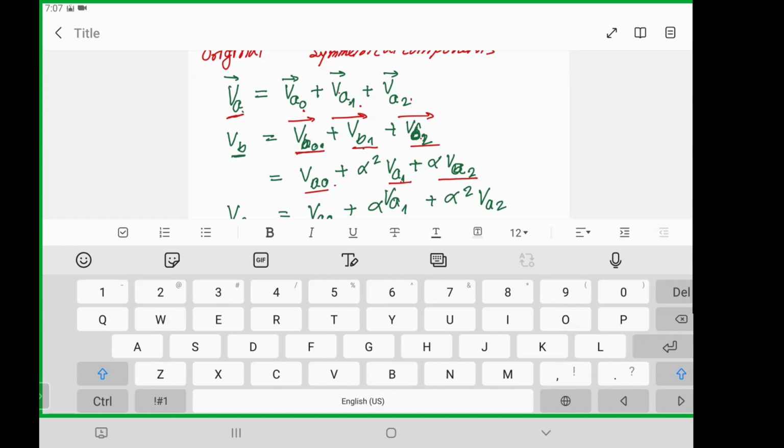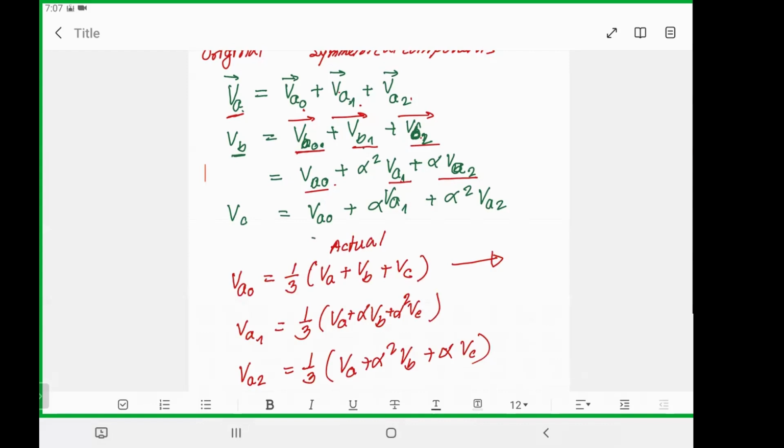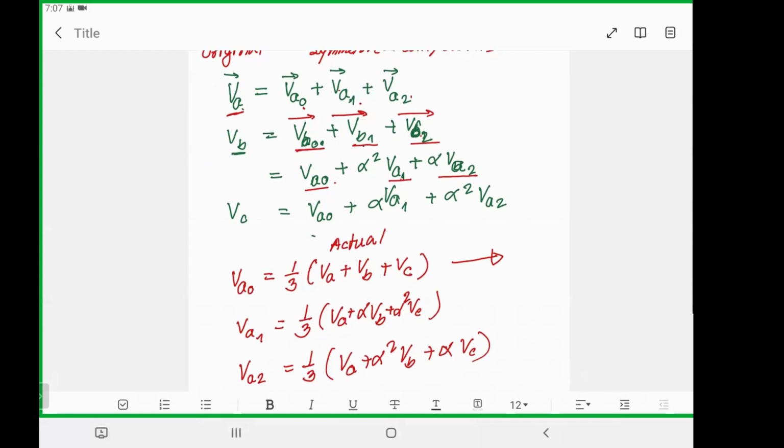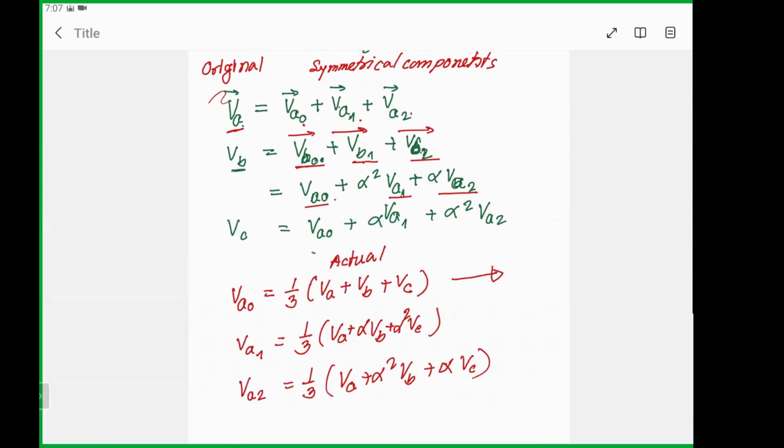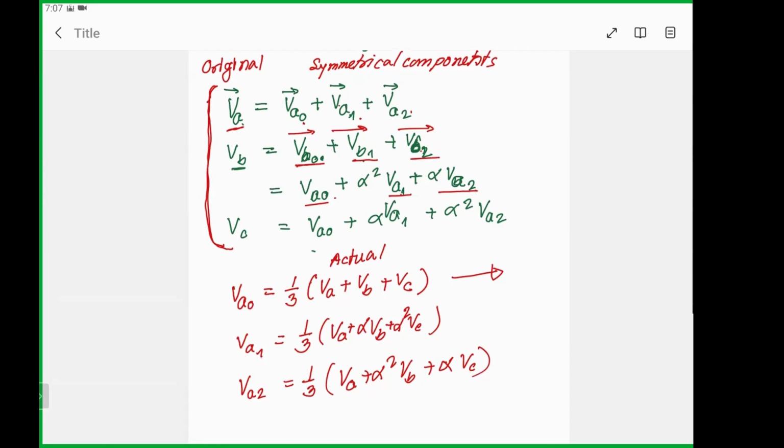So what we have done in the last class, we have derived the formula, and just to clarify, on the left-hand side these components are the actual phase components that are unbalanced due to the fault. The A, B, and C here indicate phase A, B, C, or the RYB, whatever we usually use. On the right-hand side are the symmetrical components.